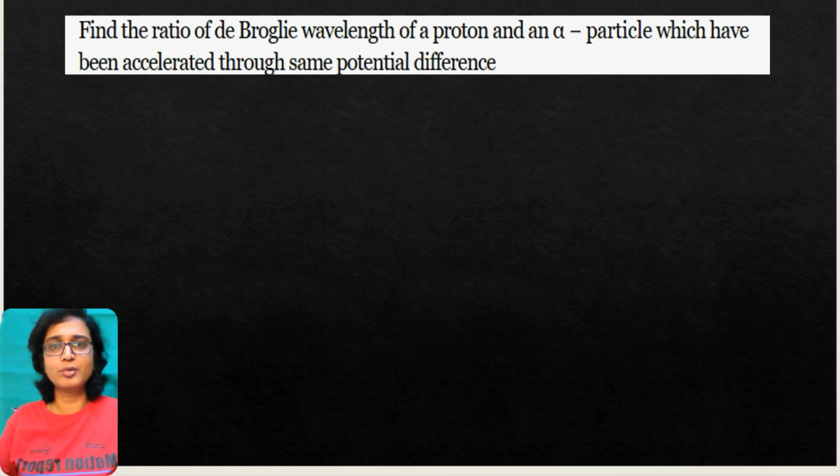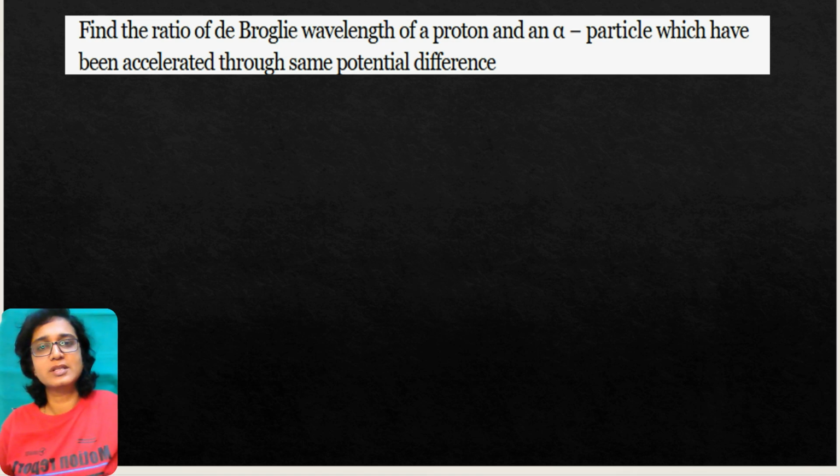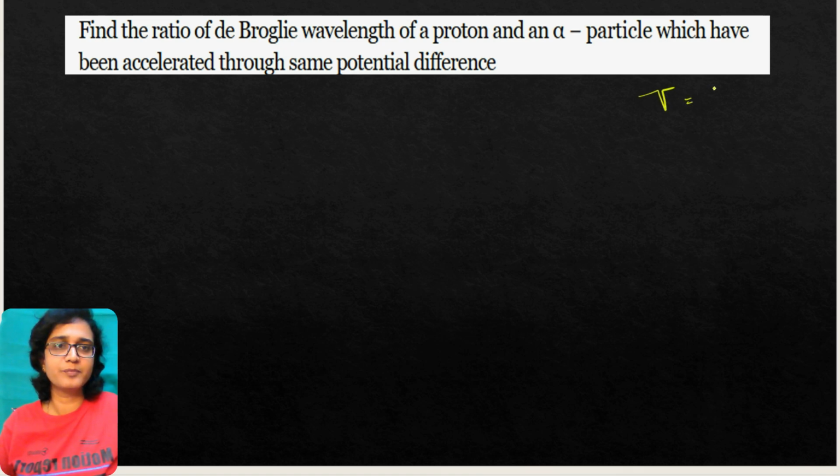Find the ratio of the de Broglie wavelength of a proton and an alpha particle, both accelerated through the same potential difference. The potential difference V is the same in both cases, and an alpha particle is nothing but helium 2 plus.